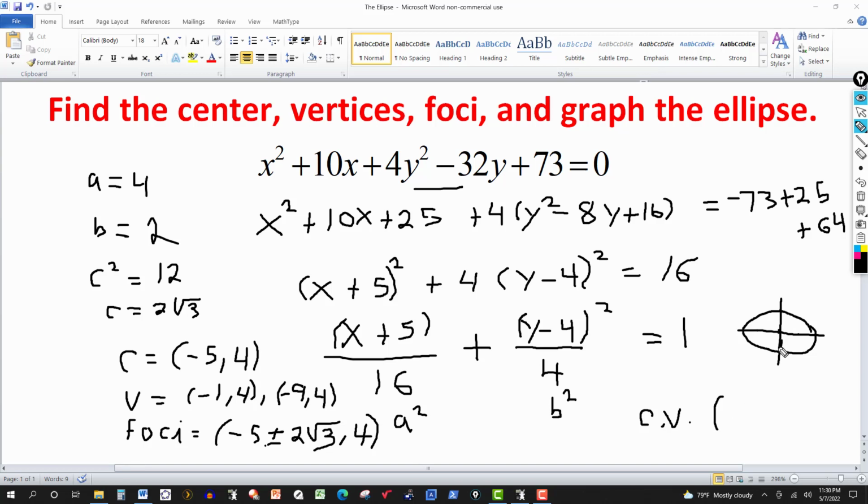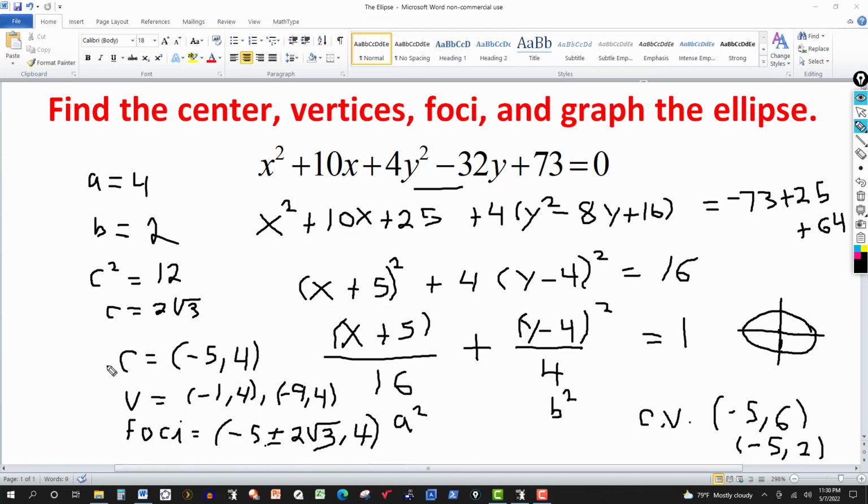We add and subtract B from the second component because it's going on a vertical axis. So this would be -5, and then we add 2 to the 4. That gives us a 6 here. And then a -5. Then subtract 2 from the 4 will give us 2.